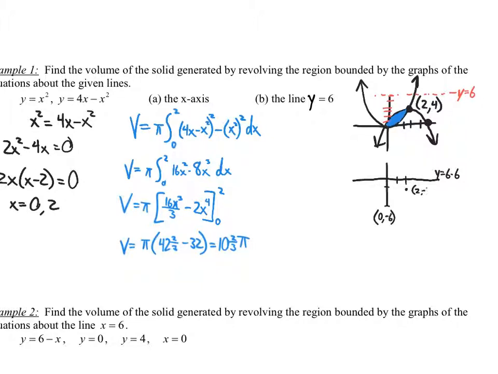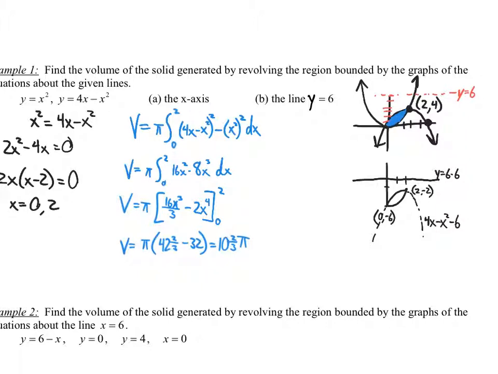But why do we shift it down and not up? Well, because our formula is for revolving stuff around the x-axis. So if we make our function, or our line that we want to revolve it around into the x-axis, all we have to do is adjust the other two functions in the same way. Okay? So, that initial one, this one here, that was opening down, this was the 4x minus x squared. So guess what?